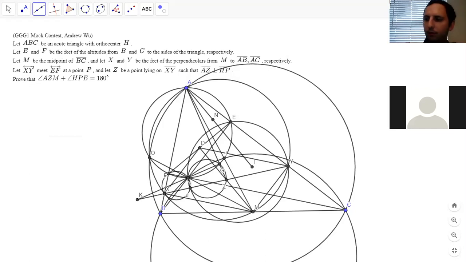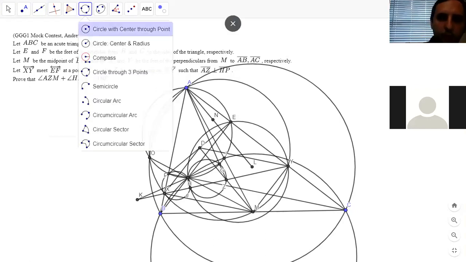Yes, O is the center of the spiral similarity taking FE to XY. That's true. KOXF would be cyclic.